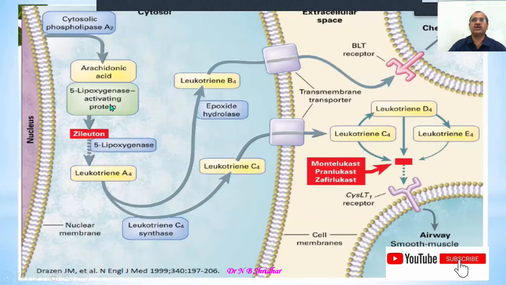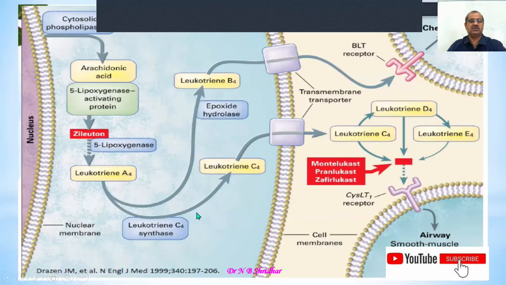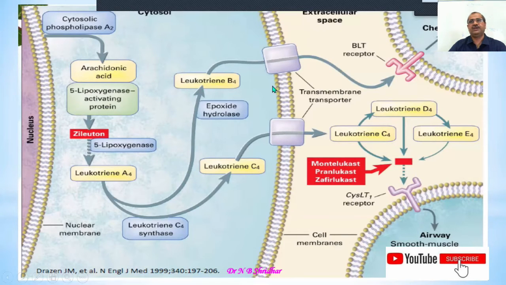The lipoxygenase pathway activating protein step is inhibited by Zileuton. Then leukotriene A4 is synthesized, and from leukotriene A4, leukotriene B4 is synthesized by the enzyme epoxide hydrolase, whereas leukotriene A4 is converted to leukotriene C4, and of course both of them leave the leukocyte and go to act on different effector cells.